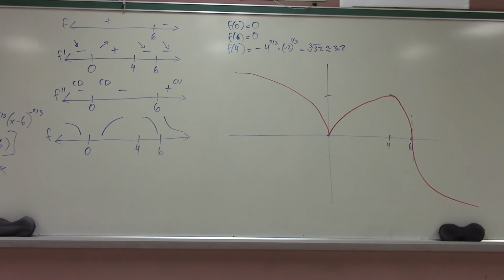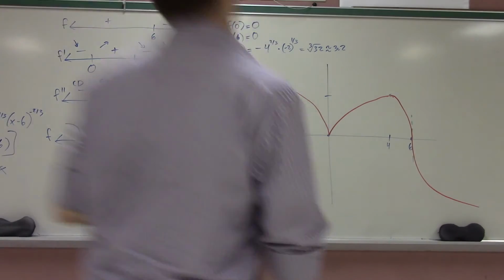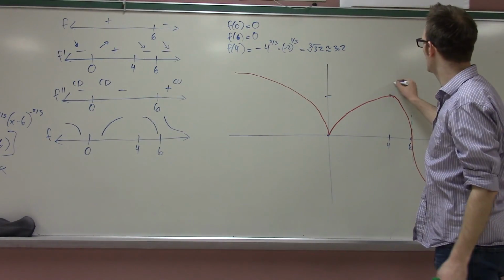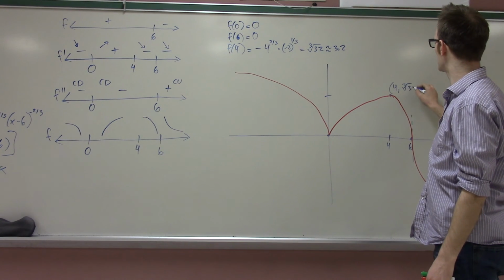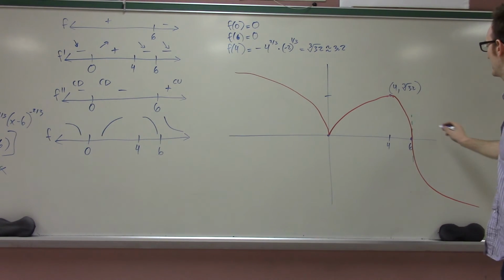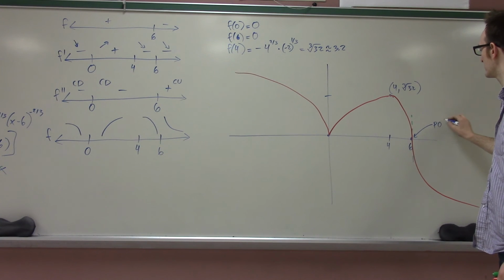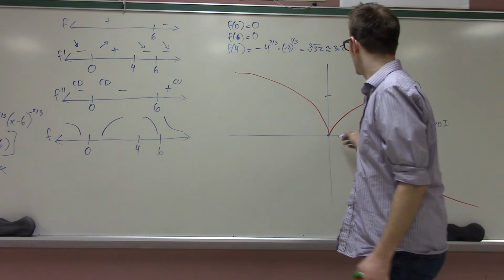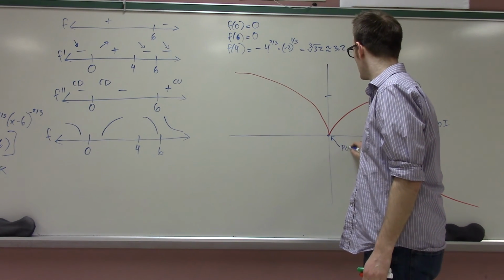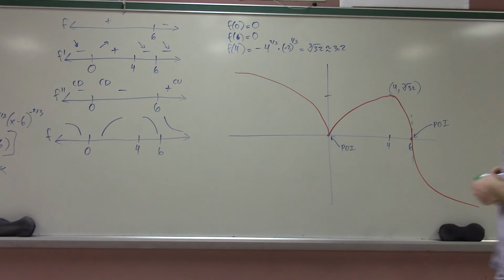If you check it out, it matches all of the pieces that we found. You have a relative max here at 4 comma cube root 32. This is a point of inflection because it's where the concavity changes. This is also a point of inflection, I guess, because the concavity.